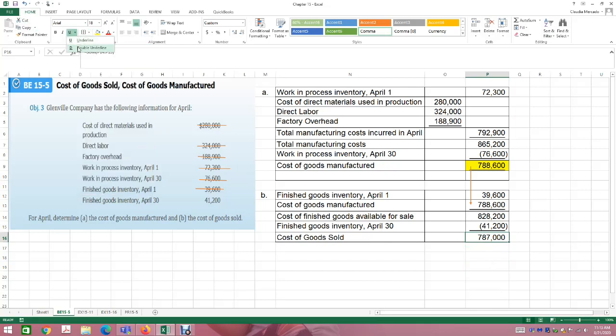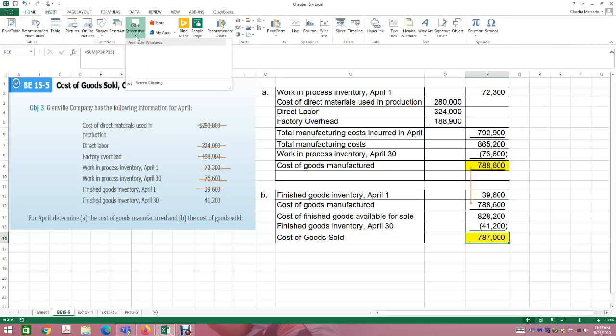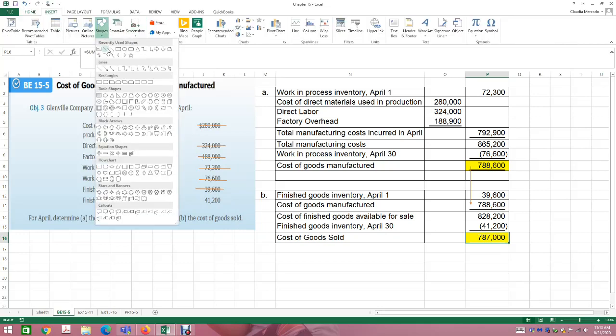Let me double underline it right there. So my cost of goods sold means that during the month of April, you sold $787,000. You have $41,200 remaining of finished goods that you have not been able to sell.